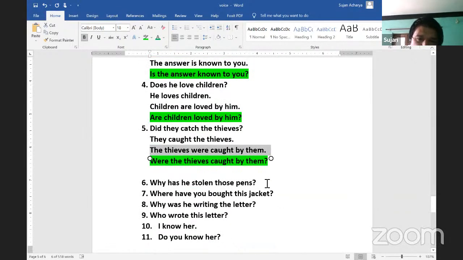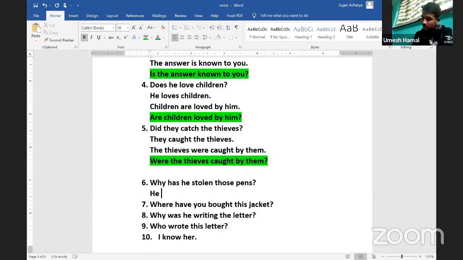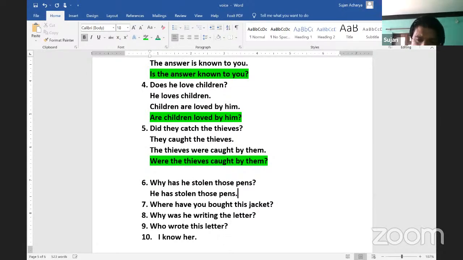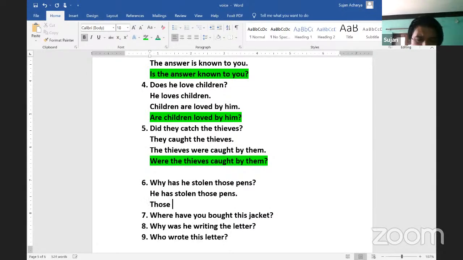Why has he stolen those pens? He has stolen those pens. Those pens have been stolen by him.